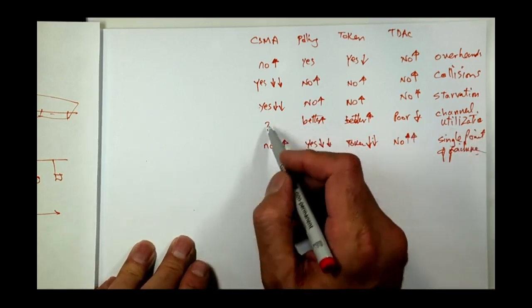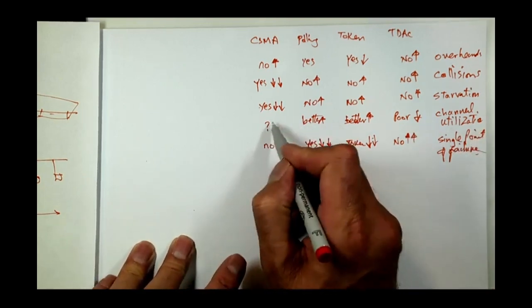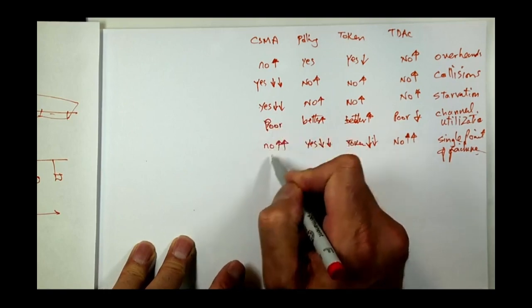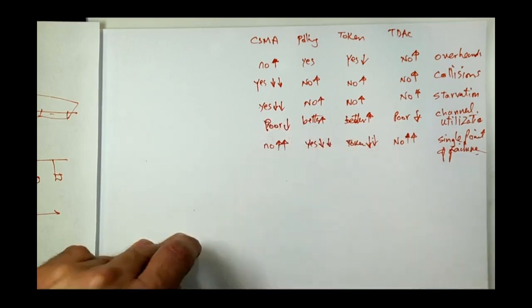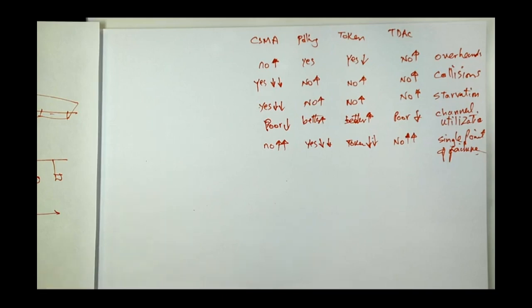So if you have collisions, you have poor channel utilization as well. Did you get good channel utilization? No, it's poor channel utilization. Because every time you have a collision, all the time is wasted, while 2 or 3 machines are transmitting, thinking everything is okay when it's not.